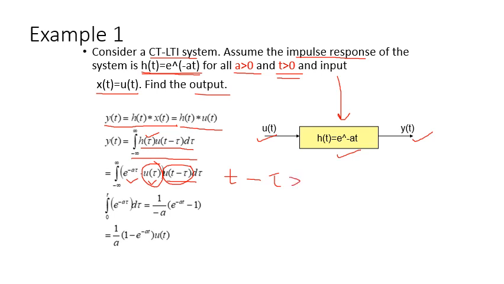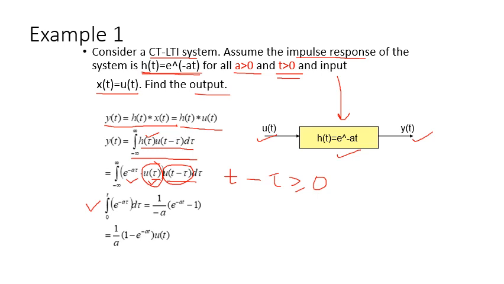So this is the condition when the unit step function is 1. Using this condition, I get tau less than or equal to t, and as per the other condition tau should be greater than 0. So the limits become 0 to t, and we replace these u functions by a value of 1.